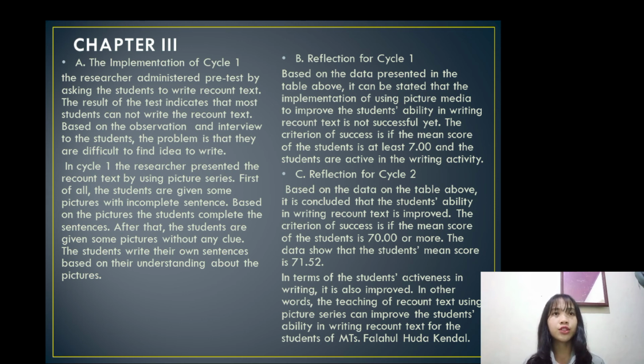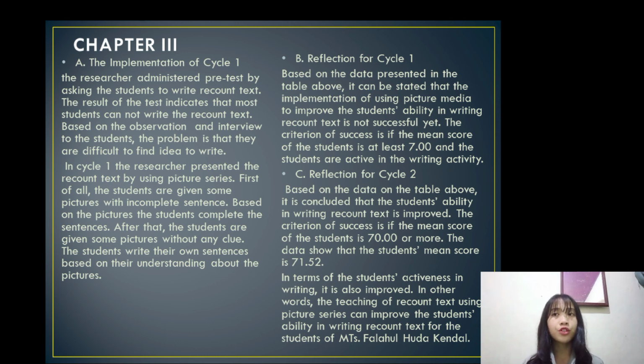Reflection for Cycle 2. Based on the data in the table above, it is concluded that the students' ability in writing the recount is improved. The criterion of success is if the mean score of the students is 70 or more. The data show that the students' mean score is 71.52.